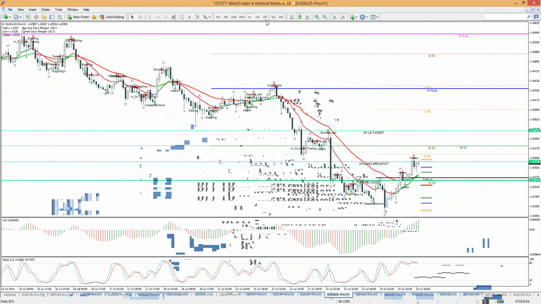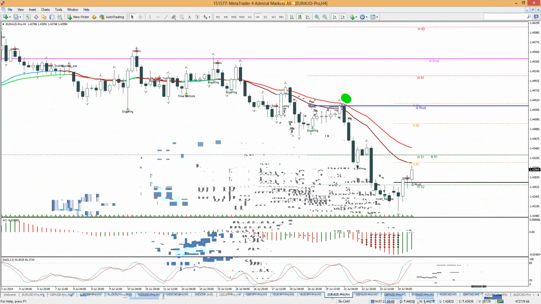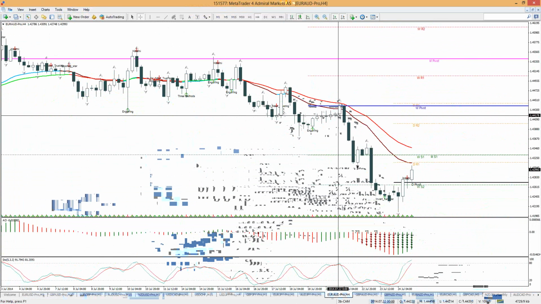The euro odd had one swing trade at engulfing twins at the weekly. So those are examples of a swing and intraday today and this week.